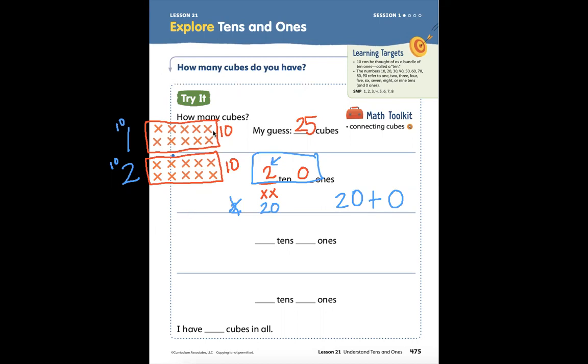So what if I changed that look to 1 10 stick and 10 ones? 1, 2, 3, 4, 5, new line, 6, 7, 8, 9, 10.